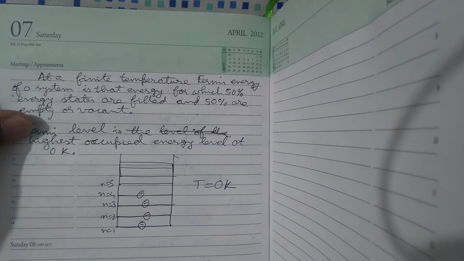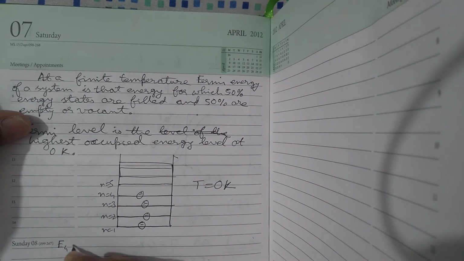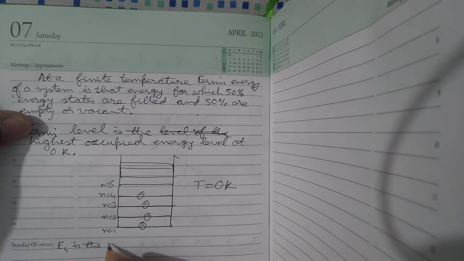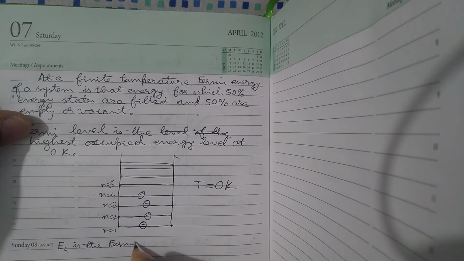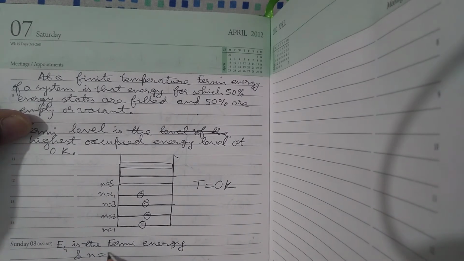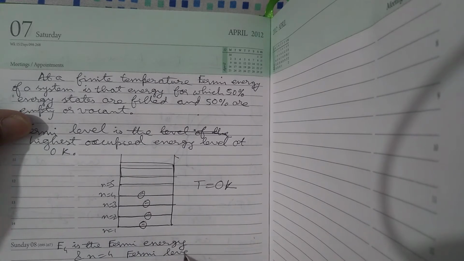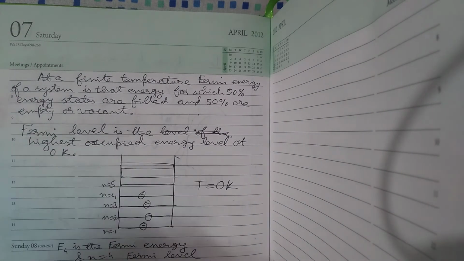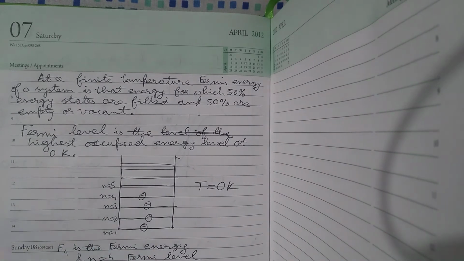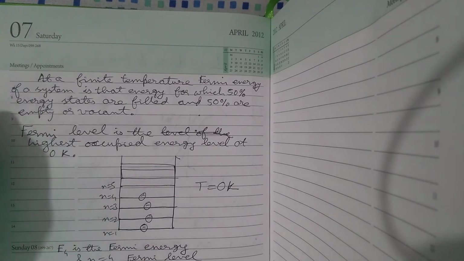In this particular case, E4 is actually the Fermi energy, and n equal to 4 is the Fermi level, the highest occupied energy level. So this is the concept of Fermi energy and Fermi level.